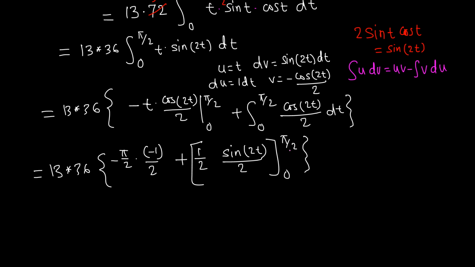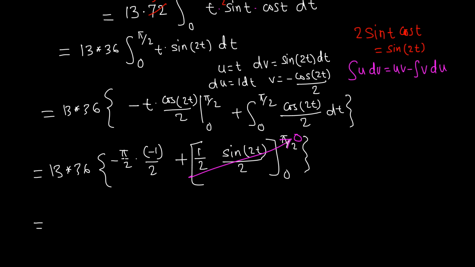If we plug in pi over 2 here, we get sine of 2 times pi over 2, sine pi. Sine pi is 0, so from the upper limit we're going to get 0. Similarly, from the lower limit, sine of 2 times 0 is 0, so the whole thing is 0. So whatever is left, that's the final answer.